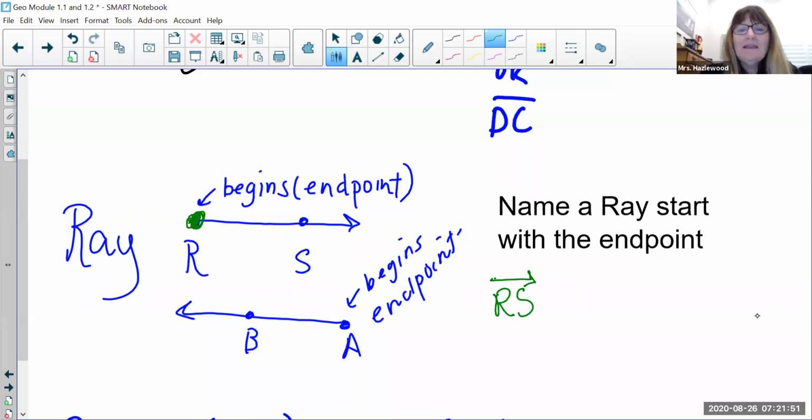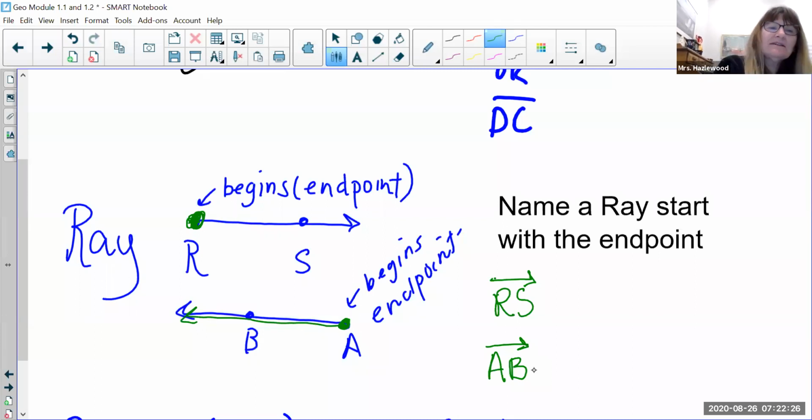So my next ray here starts at A, so you see here's my endpoint, so that letter has to come first. And then it goes through B. And again, even though the ray is pointing to the left, the notation goes left to right. So the notation is always the same.